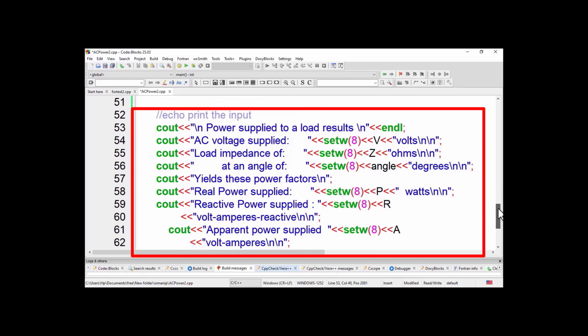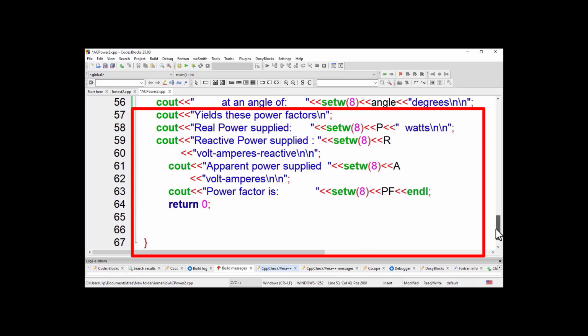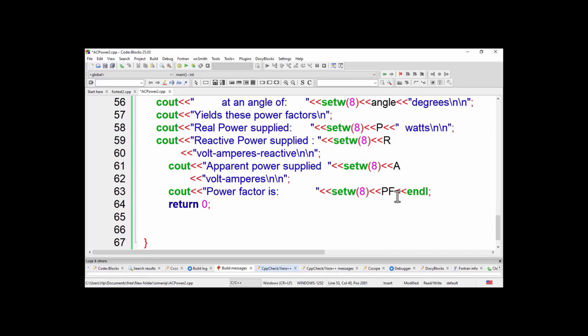Load impedance of Z at an angle in degrees yields the power factor. So real power supplied is P, reactive power supplied is R in volt ampere reactive. Apparent power supplied is A volt ampere, and the power factor is PF.